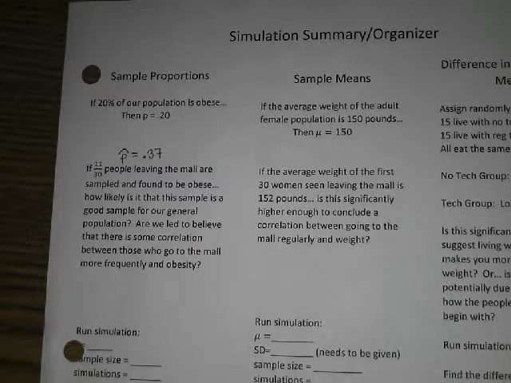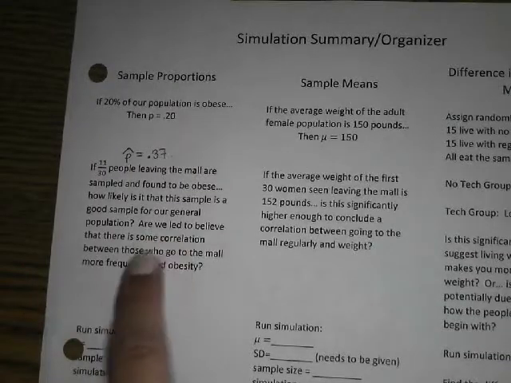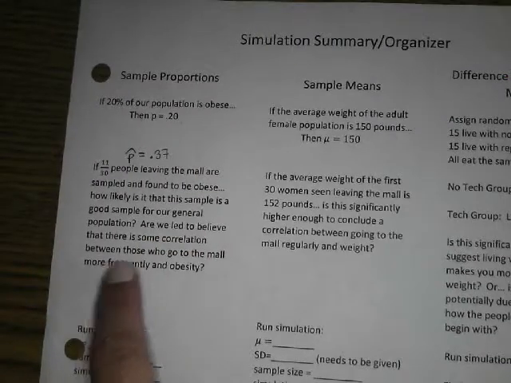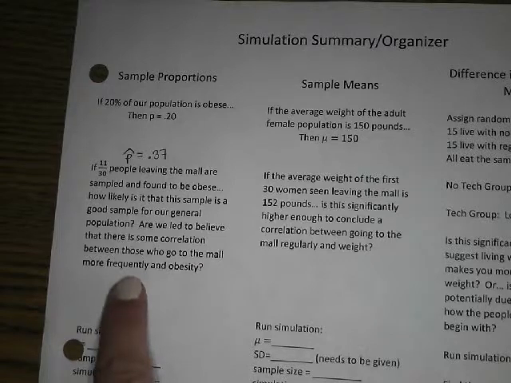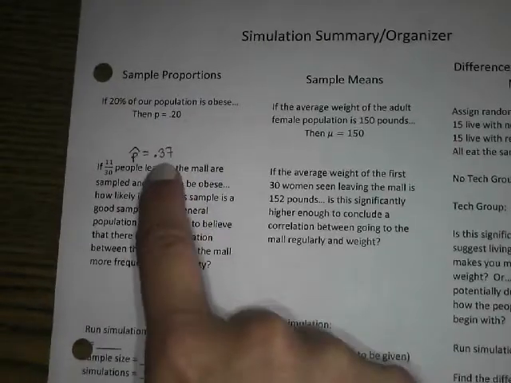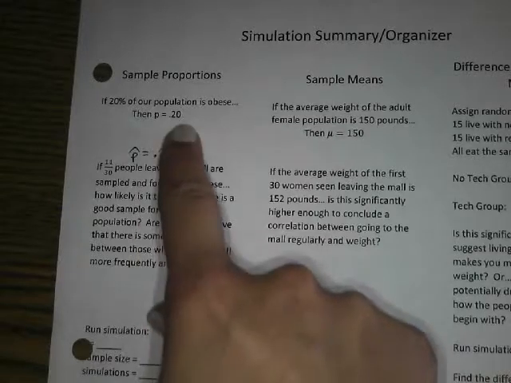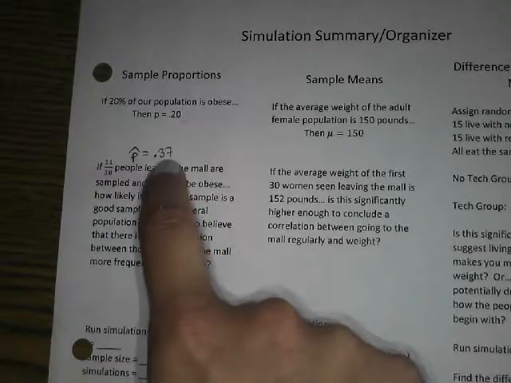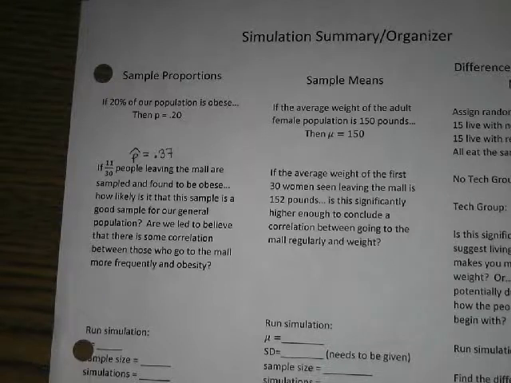And then the question is, are we led to believe that there is some correlation between those who go to the mall more frequently and obesity? So maybe it was up to 37%, so much higher than the 20%, because people who go to the mall are more likely to be obese. You could say that's bogus, or maybe that's true. Maybe they're coming from the food court.